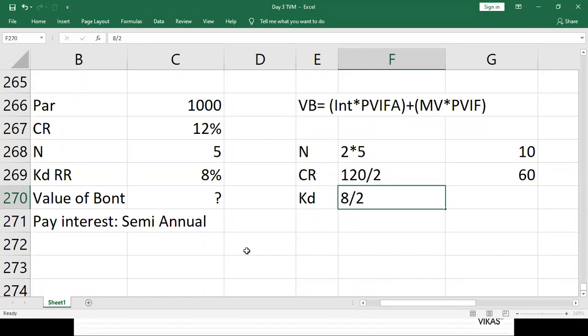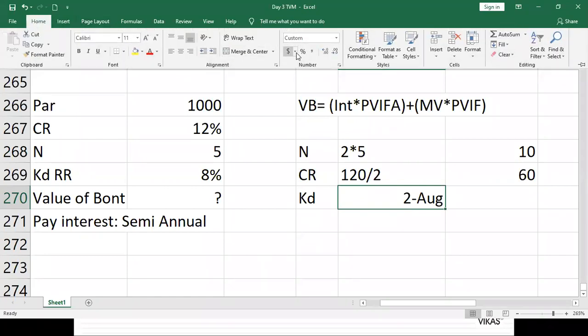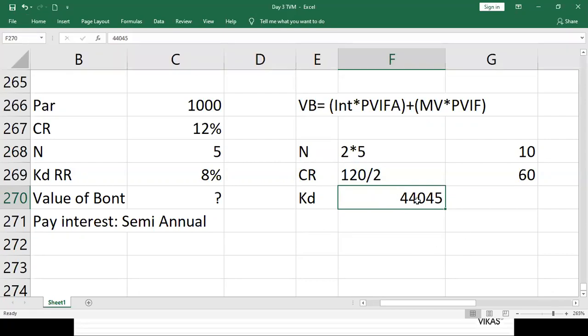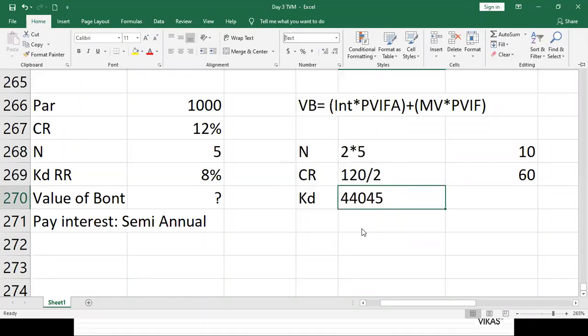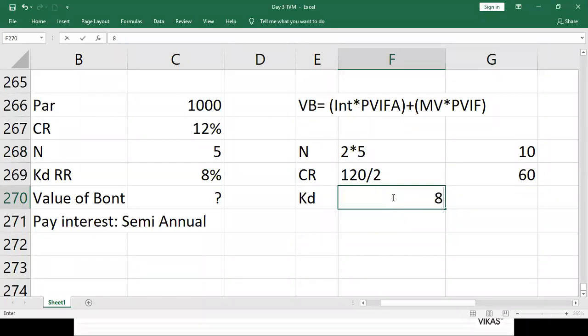Then it becomes 8 divided by 2. Right? Then 4%.